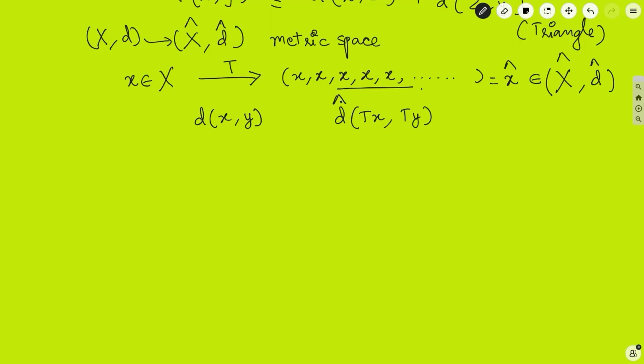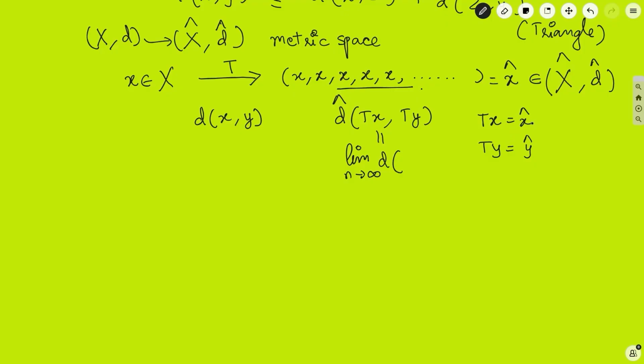How have we defined this distance? It is the limit as n approaches infinity of the distance between the nth terms of the tx and ty sequences. Tx is the constant sequence x hat, and ty is the constant sequence y hat.